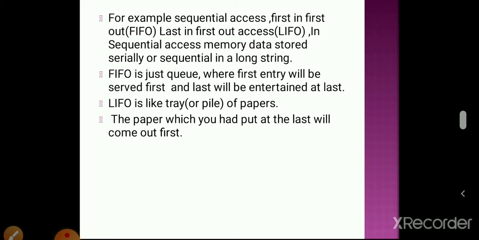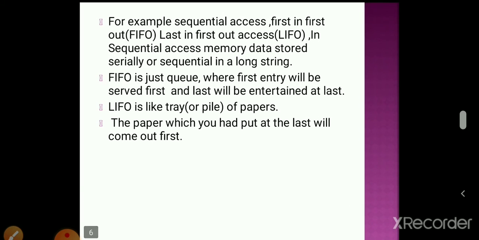Okay. In the LIFO method, LIFO is like a tray of papers. It means we can put our papers, step by step, and then we just take out the last paper. Last in, first out means this paper we put in last and we take out first.